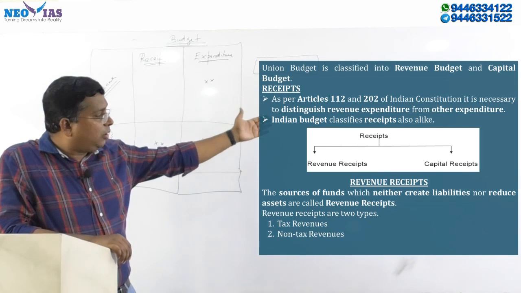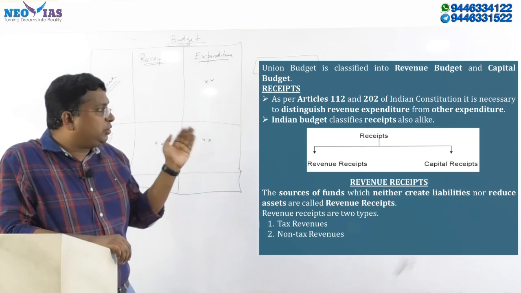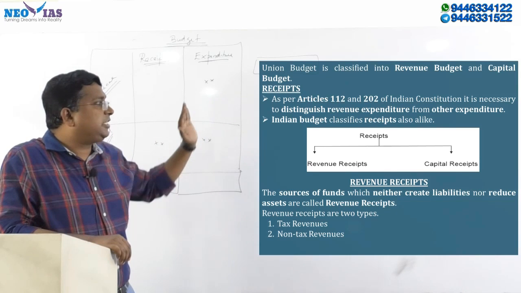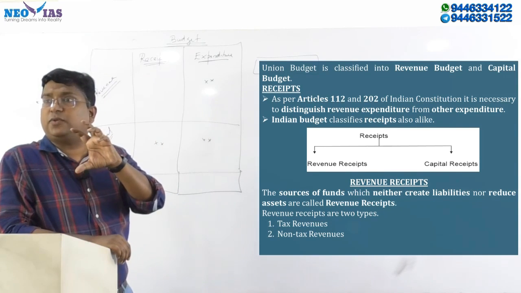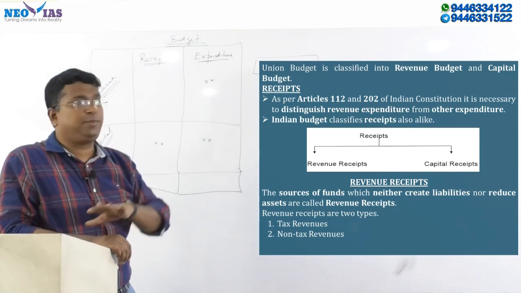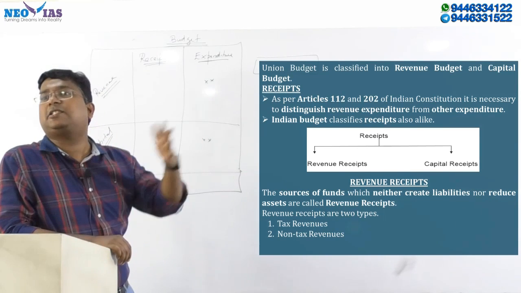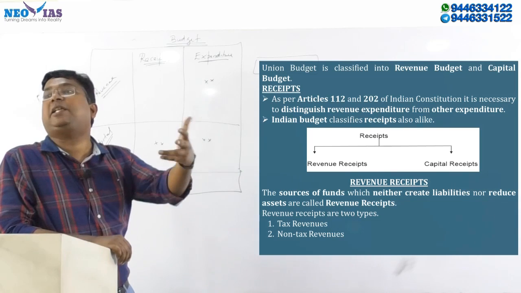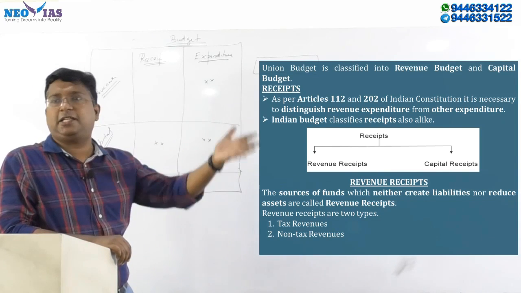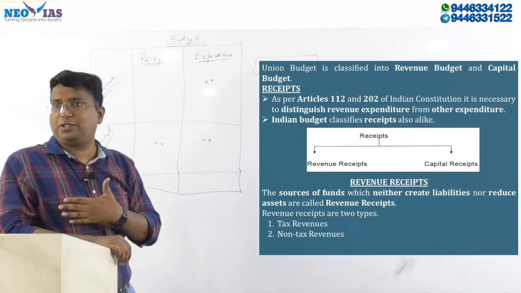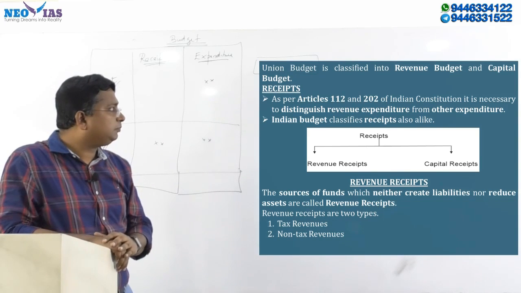In the constitution, the constitution clearly distinguishes expenditure. Just a point to note down: the constitution uses the words revenue expenditure and other expenditure. What is this other expenditure? It is capital expenditure. But you have to understand, as an economics student, that it is capital expenditure.